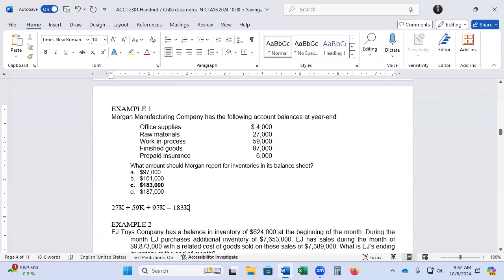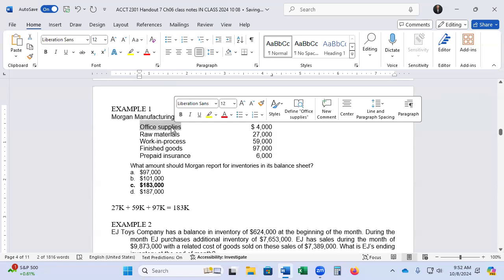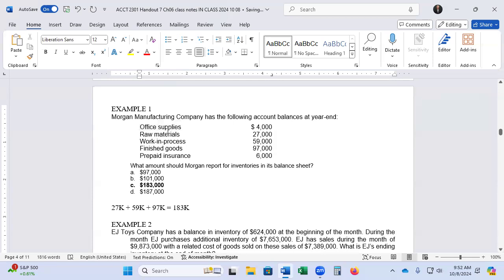Okay, now office supplies, if you technically said, hey, go give me an inventory of office supplies, that would be something you could say, but keep in mind, supplies are not part of the inventory. Now, when you get into manufacturing, you may have things called indirect supplies.